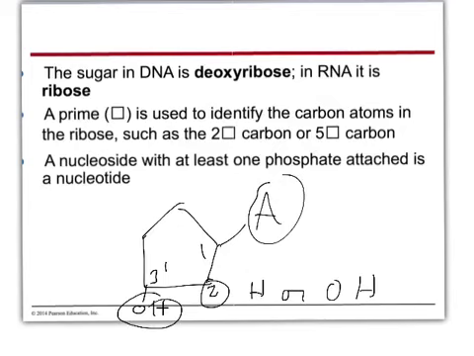That's going to be the linkage between the subsequent nucleotide. Okay, this is 4, and then 5 is another up here bonded to the phosphate group. That's the basic structure of a nucleotide.